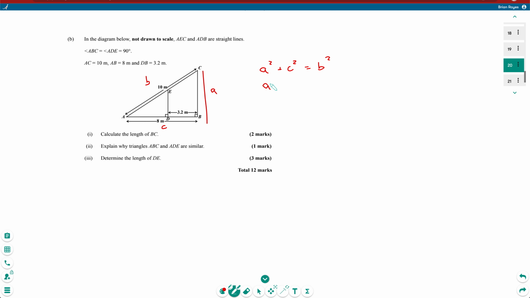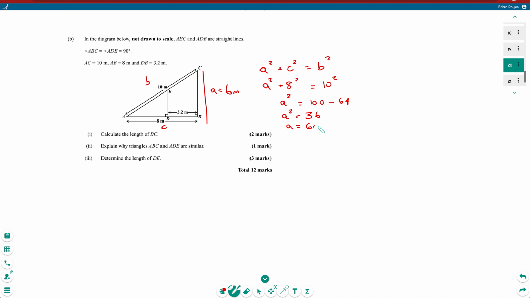Filling in the blanks gives us A squared plus, well, this side is 8 squared, and that's equal to 10 squared. What that means is A squared is equal to 100 minus whatever 8 squared was, which was 64. These are really convenient numbers because A squared must now be equal to 36, and you know the square root of 36. A itself is just 6. Awesome. So that is 6, in this case, meters.